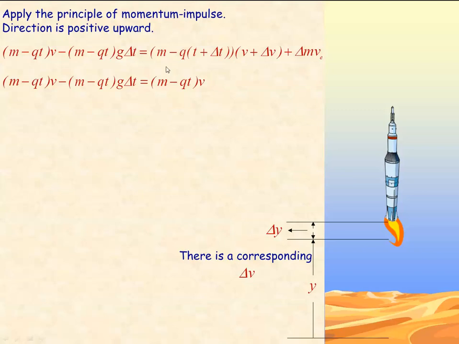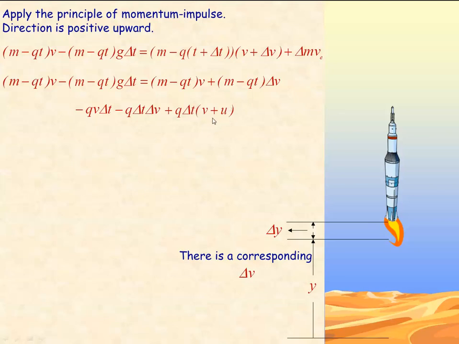When you expand it, you're going to have (M minus QT) times V, (M minus QT) times delta V, a term that is minus Q times delta T times V, a minus Q times delta T times delta V, and then plus delta M times V sub B. Remember we wrote V sub B earlier as the velocity of the rocket plus the relative velocity of the exhaust fuel with respect to the rocket.